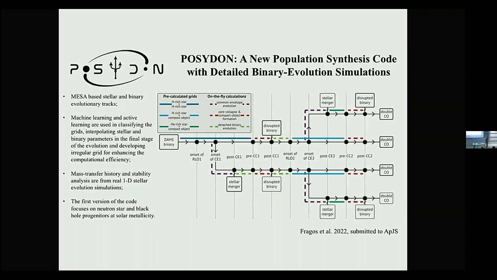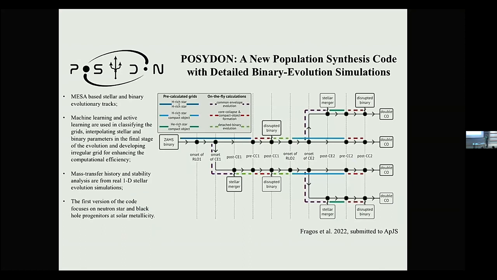Now in our binary population, that history is all based on MESA binary evolution, so it's closer to real. Another important thing I would like to mention is that machine learning and active learning are also applied when dealing with interpolation among the final planes of the binary evolutions.